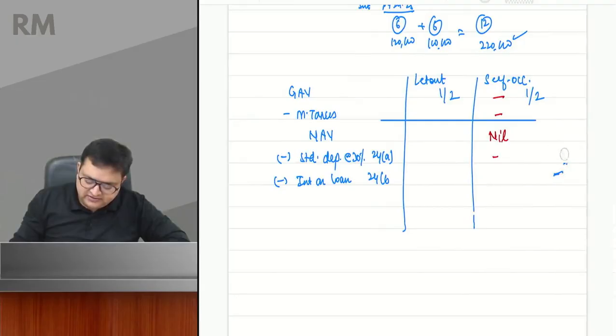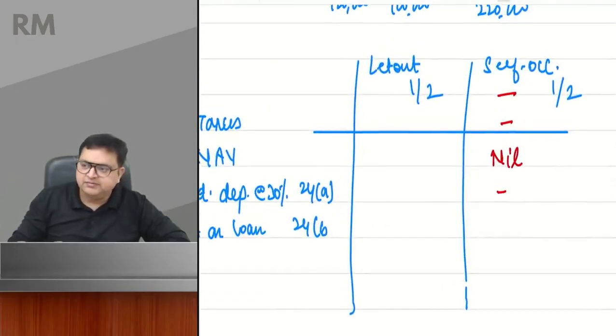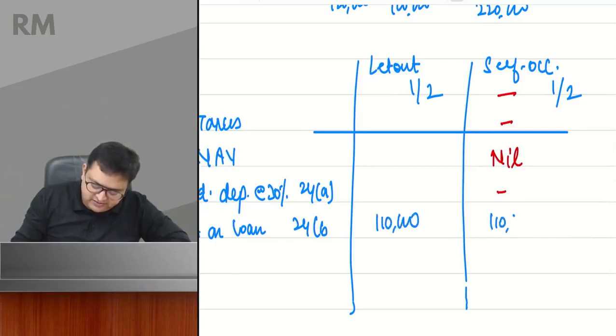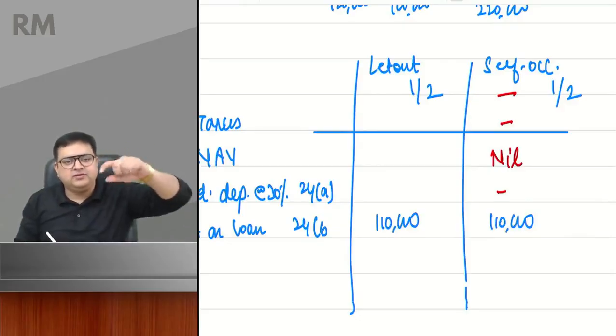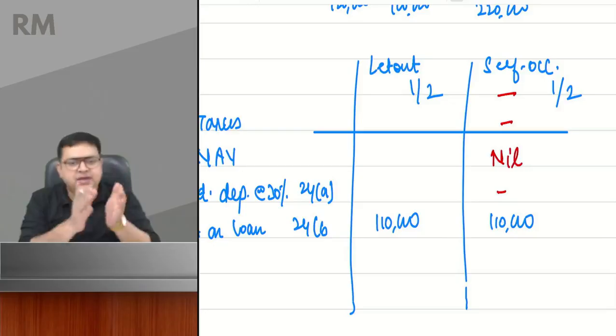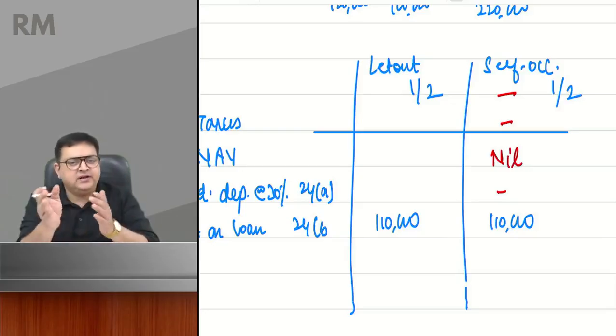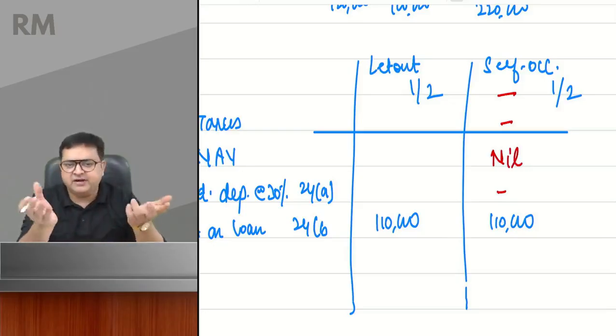In this case, it would be 1,10,000 for each floor, 1,10,000 here, 1,10,000 here. Correct? 2,20,000 is for the entire year. From April till September, from October till March, they have given it separately, but we combine it together.